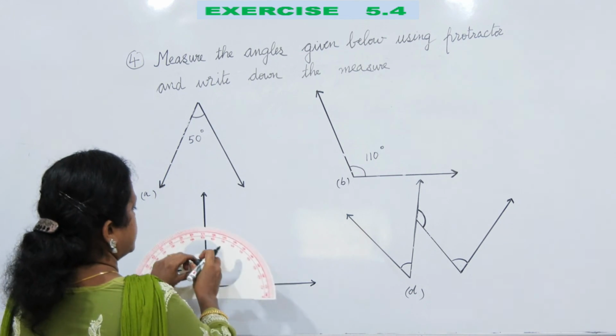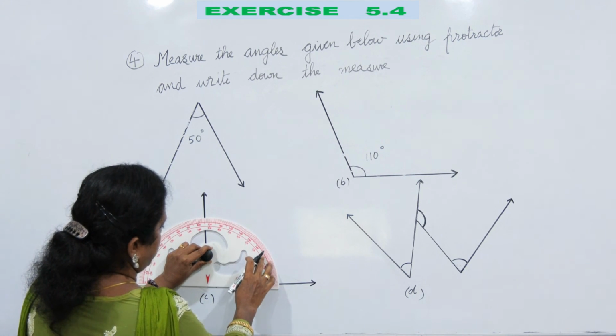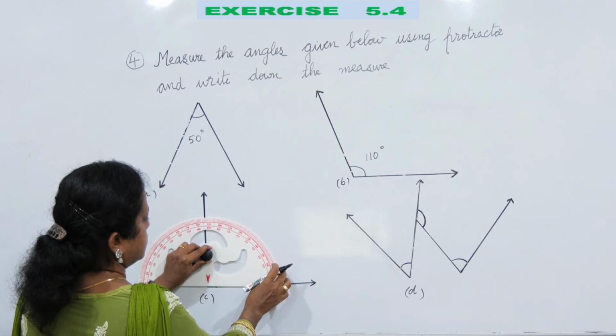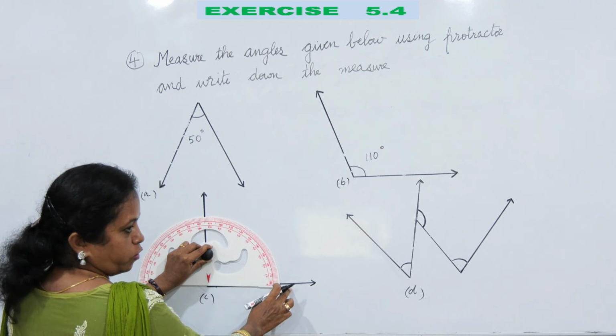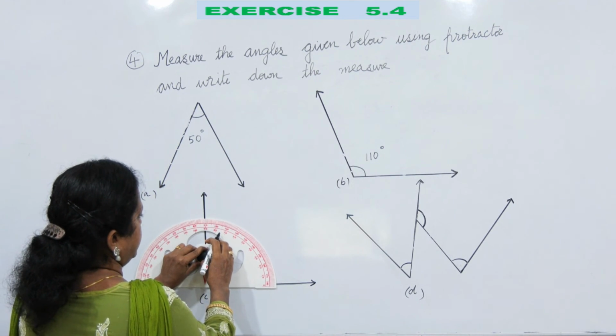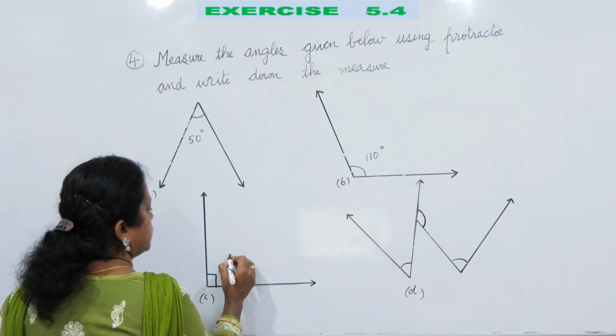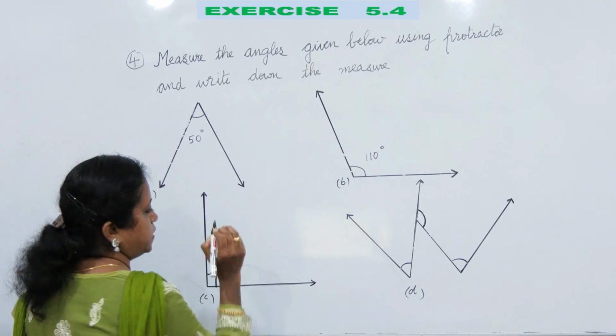Let us check it with the protractor. Place the midpoint at the vertex and the base of the protractor at one of the arms. Then the other arm reads exactly 90 degree. So here the measure is equal to 90 degree.